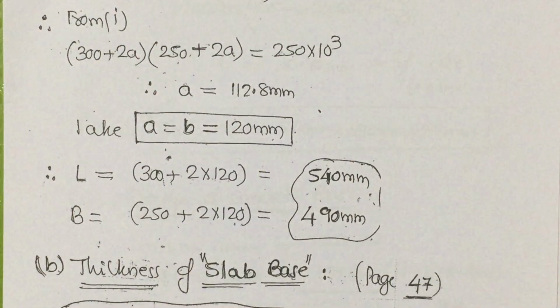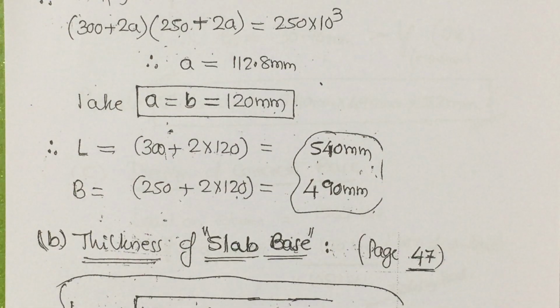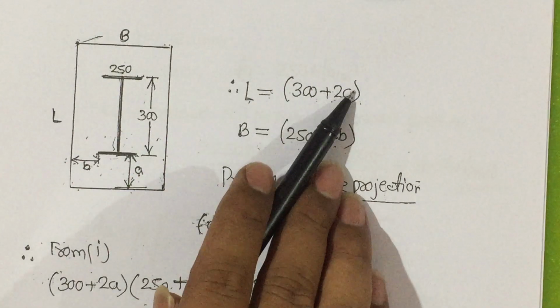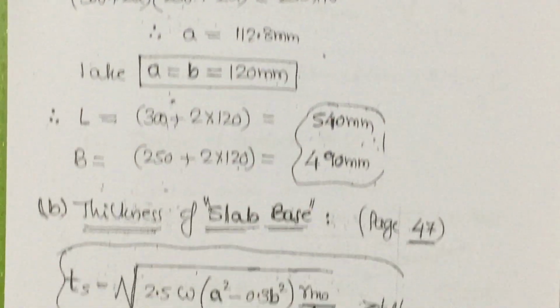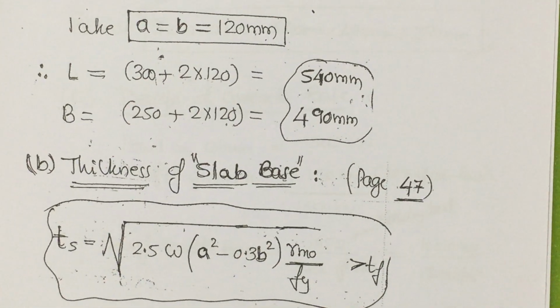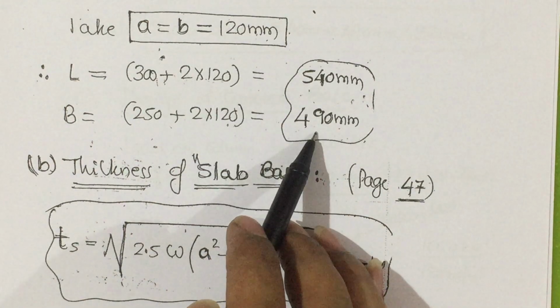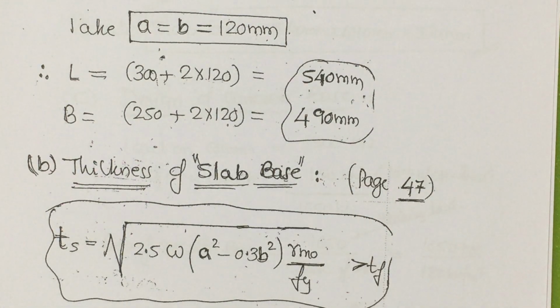So, let us take that as 120 mm. Then we know the L and B equations here. So, substitute the values of A and B, you are going to get capital L and B, that is length and width. We got it as 540 and 490 mm, we got the size.